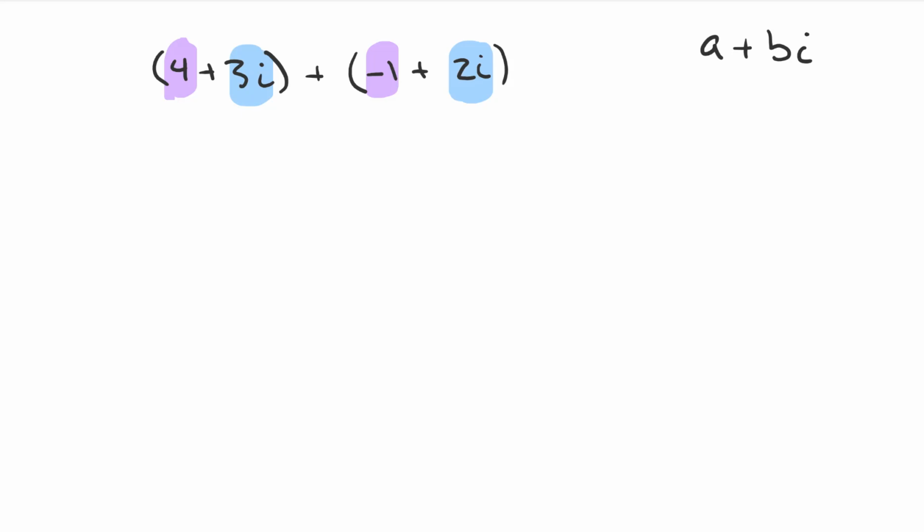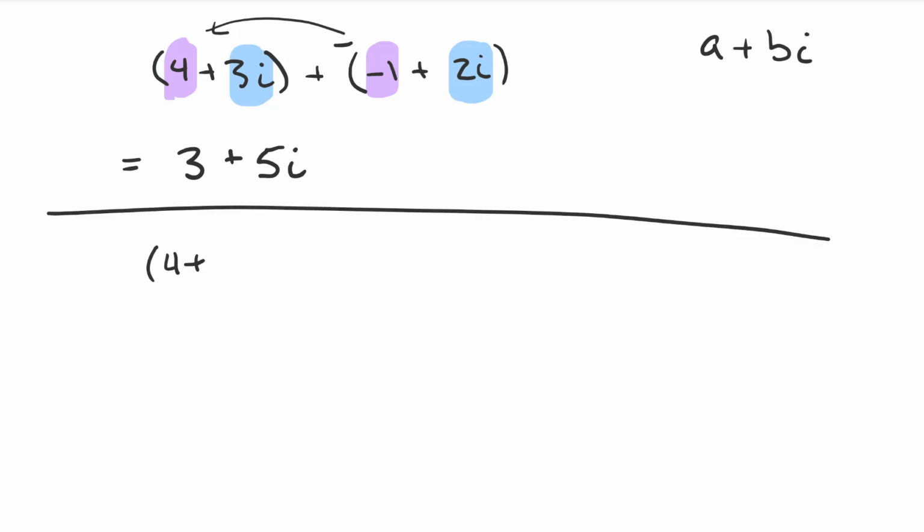So when we add these two together, what's 4 plus negative 1? And that's going to be 3, right? We put those two together. And now we go, hey, if you have 3 i's, and then you give me 2 more i's, I have 5 of those i's, and there it works. And that's how we will do any sort of addition.